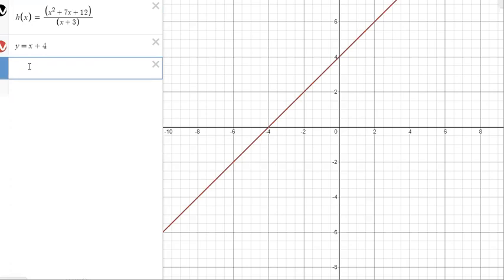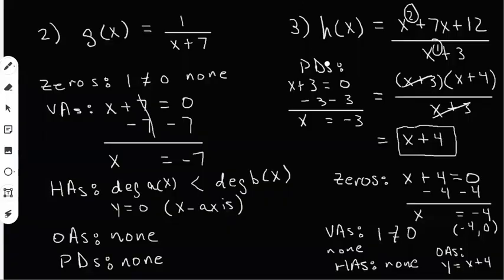But you do have a point discontinuity. Where is it? x equals -3. So going back to our little chart right here, we know that we're going to find a hole in the graph at x equals -3. When x equals -3, what is our y value? What I'm going to do is take this number and plug it into our new function right here.